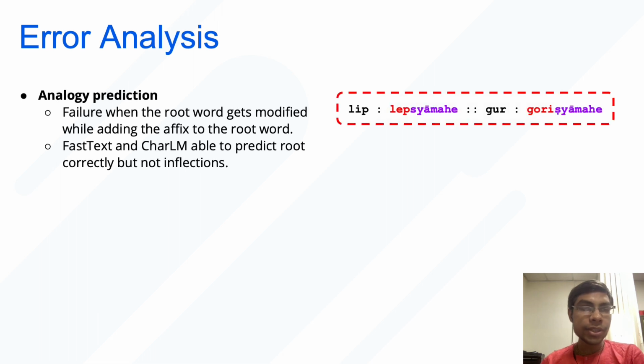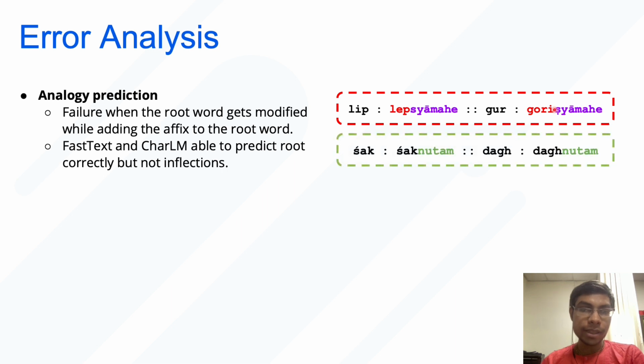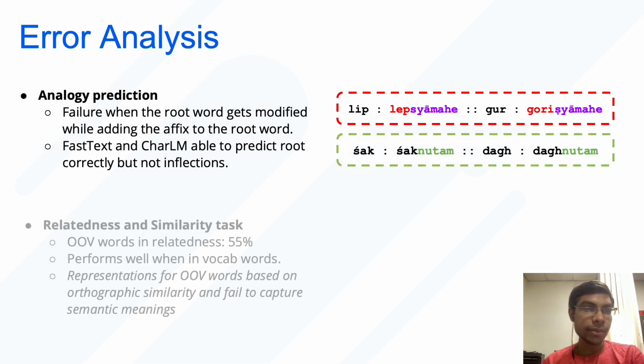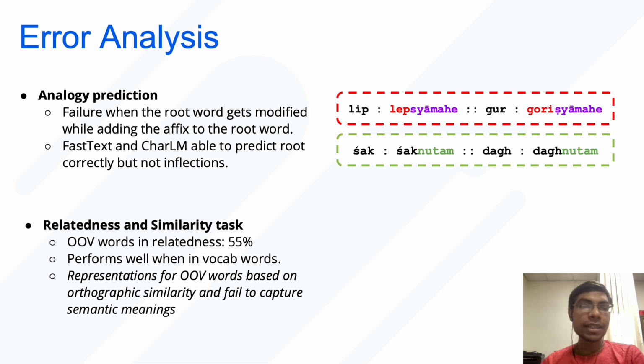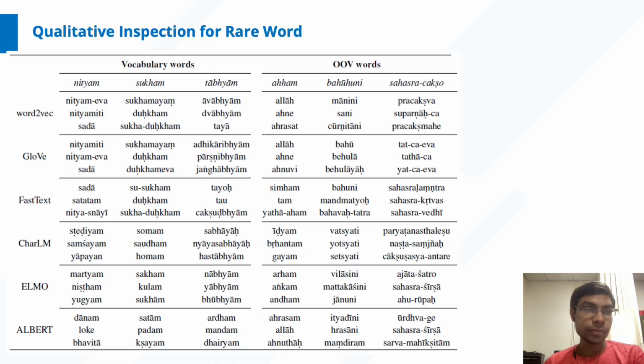For the analogy prediction task, we find that if there is a modification in the root, then the model fails to predict the correct answer. But if there is no modification in the root, then mostly it predicts correctly. And for the relatedness and similarity task, we observe that for out of vocabulary words, the performance is low.